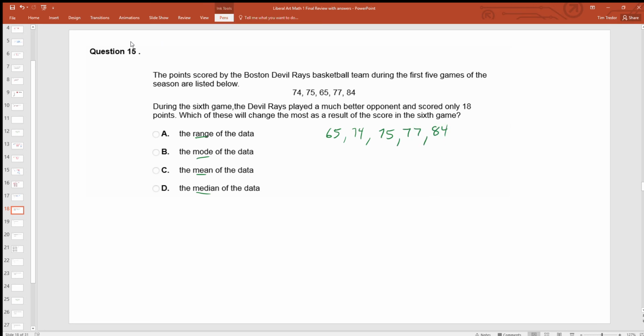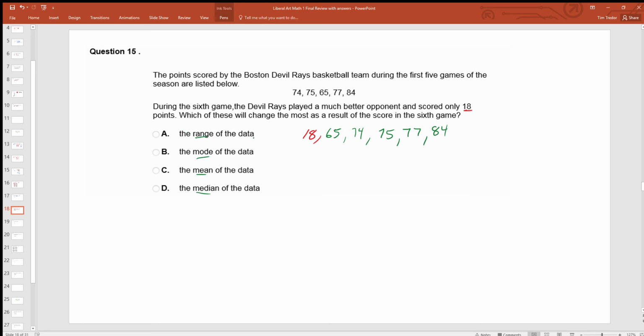And then the most recent score was 18. I put that in a different color because I want to consider the group with the 18 and without it to see how these are going to be different. All right, so if we look in green, just consider the 65 through the 84.